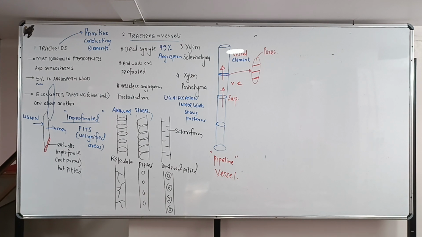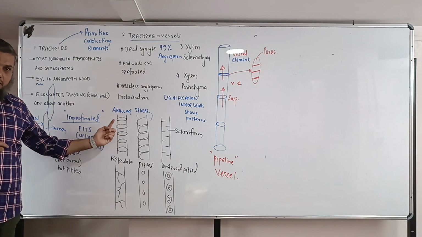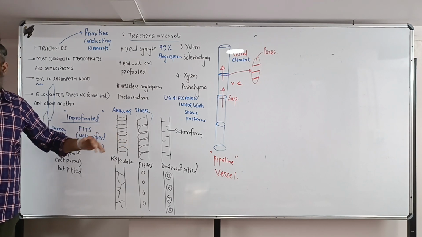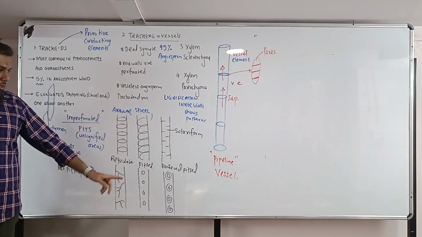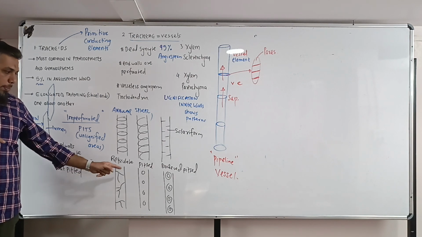Imperforate means they show the presence of pitting. It's very simple, right? The inner wall shows the presence of what? Patterns in lignification, which can either be like a ring, which is called annular, like a spring, spiral, like a ladder, scalariform, branched network called reticulate, pitted, and bordered.